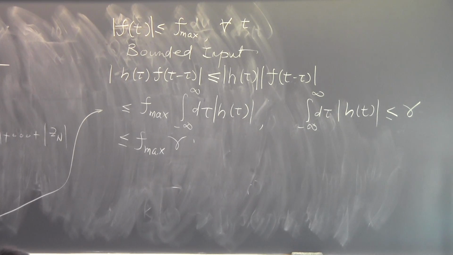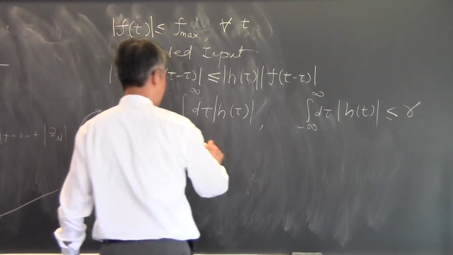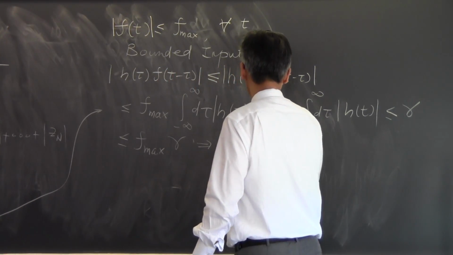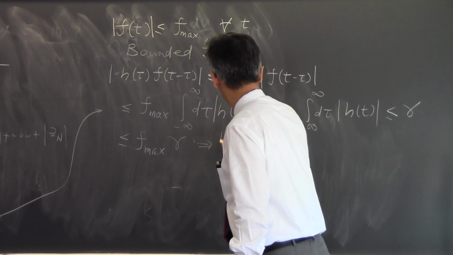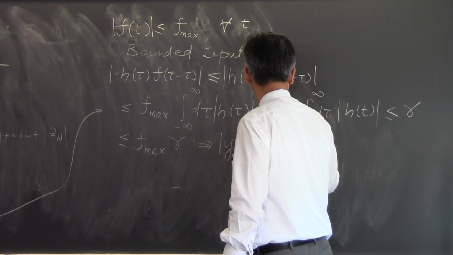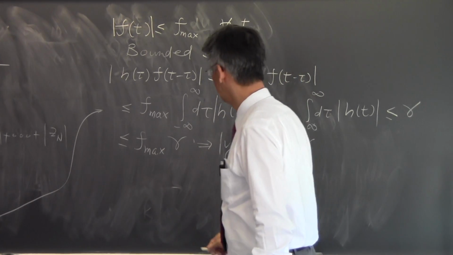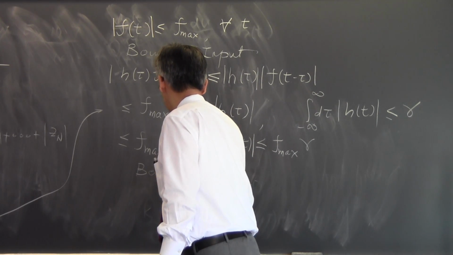This implies that the output y of t is bounded by f max gamma. So I have the case of a bounded output.